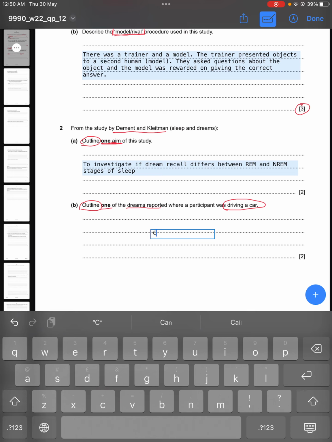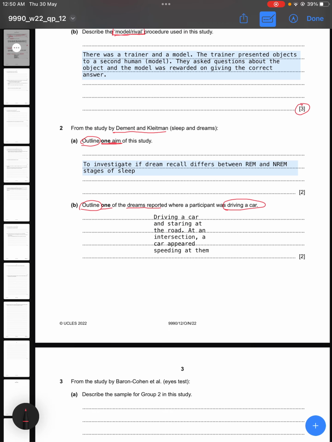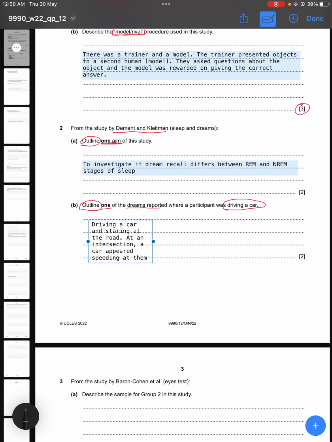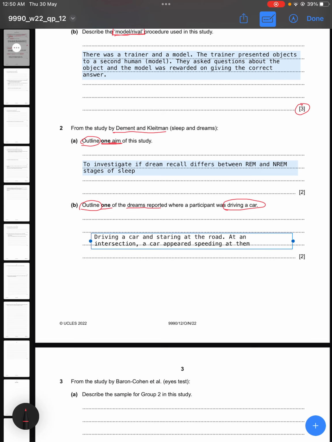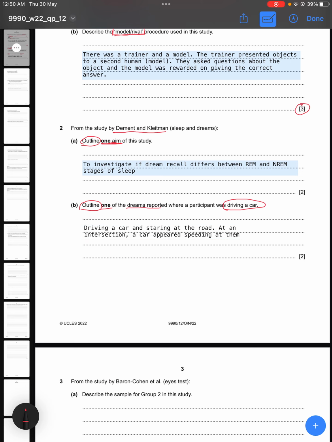So for example, you can write he was driving a car and staring at the road at an intersection. A car appeared speeding at them. So these are the 2 points you can write, or you can also write that driving a car and staring at the road ahead, they saw a man on the road asking for a lift. So these are the 2 full points you need to write.